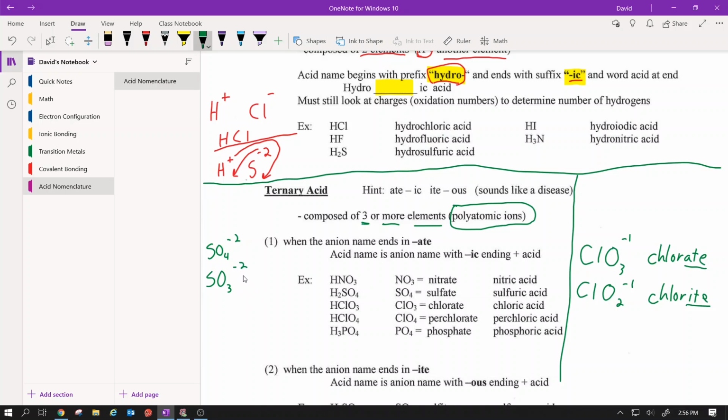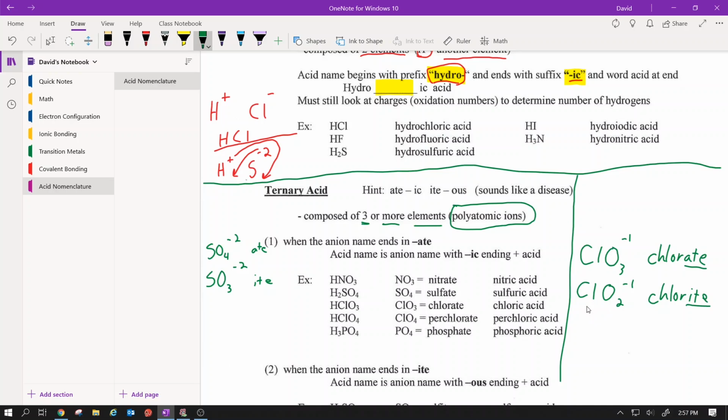Okay? And so here's my basic ate. Here's my basic ite. Again, chlorate, chlorite, sulfate, sulfite. It's not always 4, it's not always 3, but whatever your base is, whatever your starting point is, which I always start with the ates, if you go down 1, you get an ite.